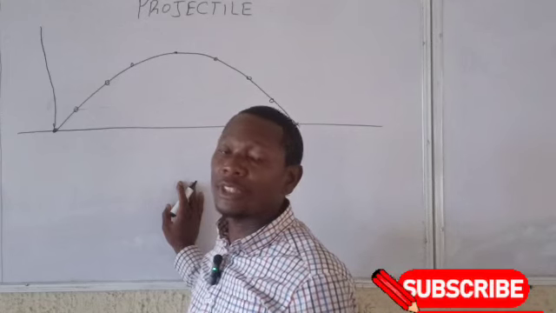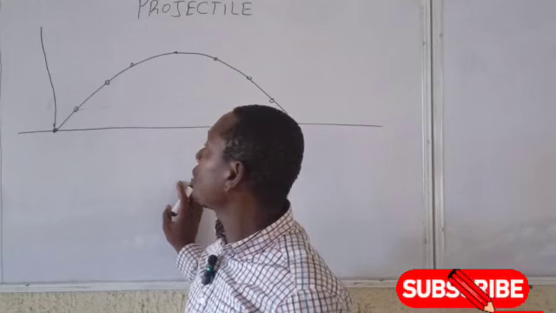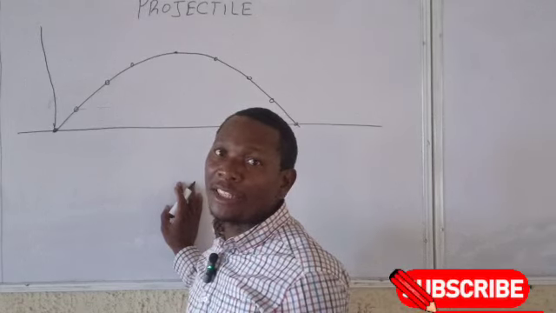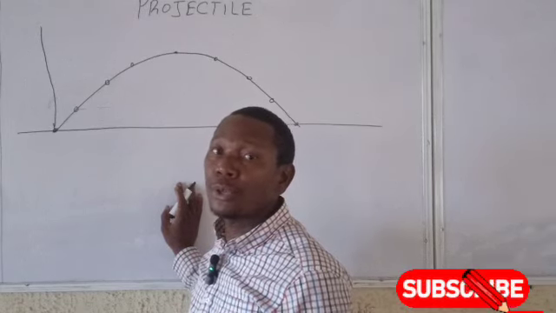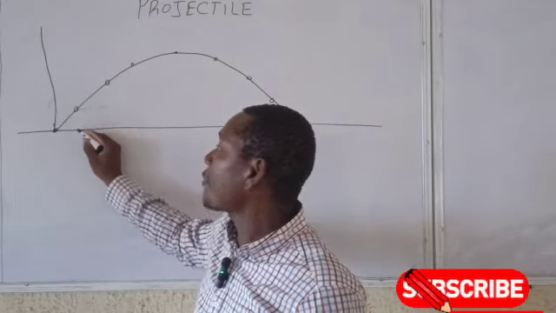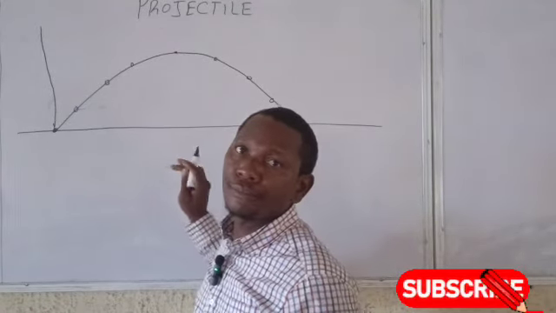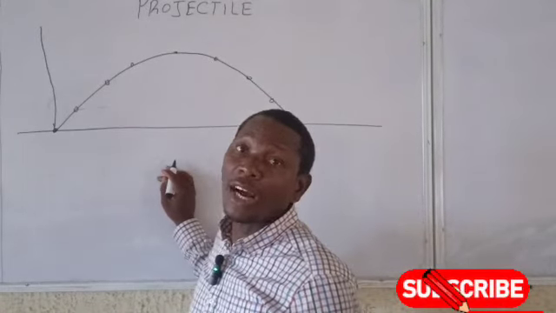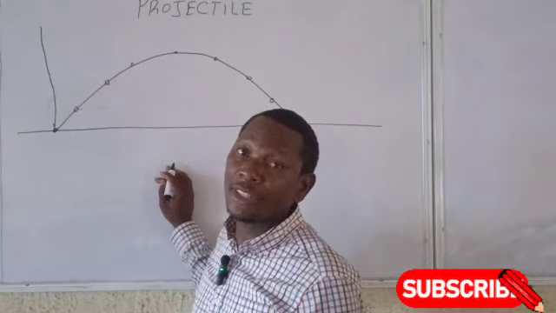If you are asked, for example, to calculate: a ball was launched with an initial velocity of 20 meters per second, making an angle of 45, for example, or 30, to the horizontal. And you're asked to calculate the horizontal and the vertical component.